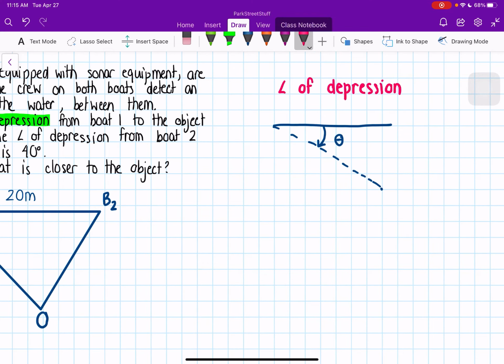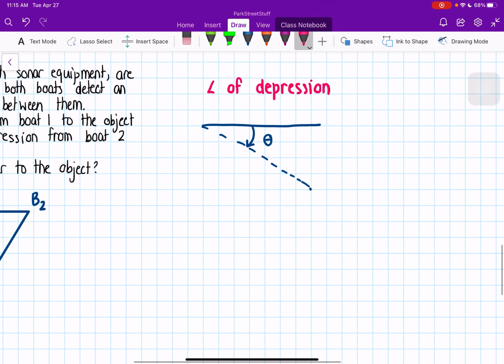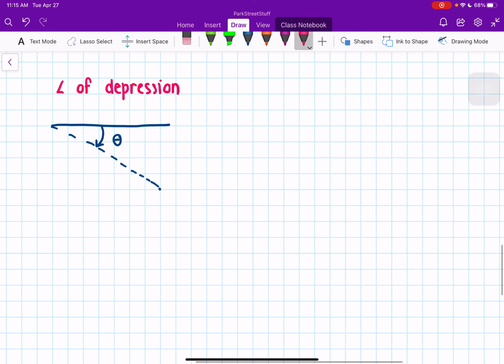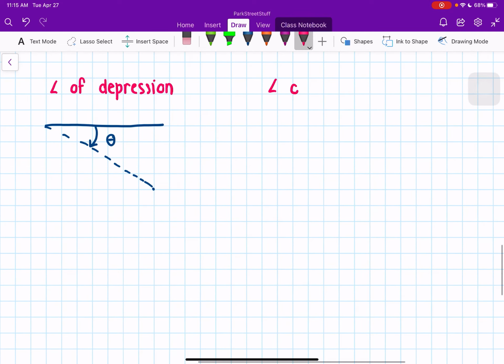It's how much you have to look downwards in order to see something. The opposite of angle of depression is angle of elevation. An angle of elevation is if you are standing and looking across, how much do you have to angle your vision upwards in order to see an object?